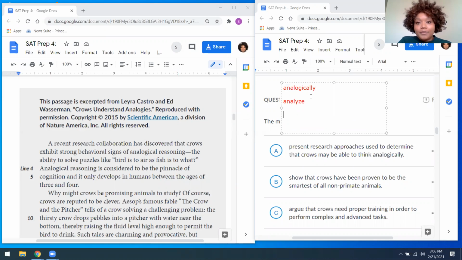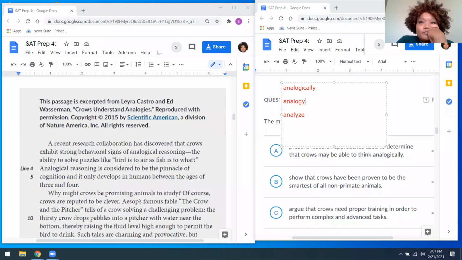But analogically has more in common with, well, you could say analog, but that has to do with a watch, like analog versus digital. And that's not relevant to what we're looking at. So analogy is the closest thing we can think of that even kind of makes sense within the context.